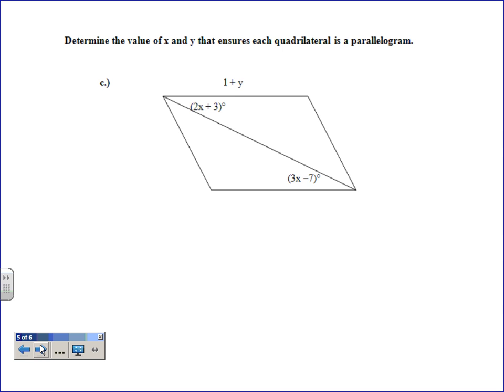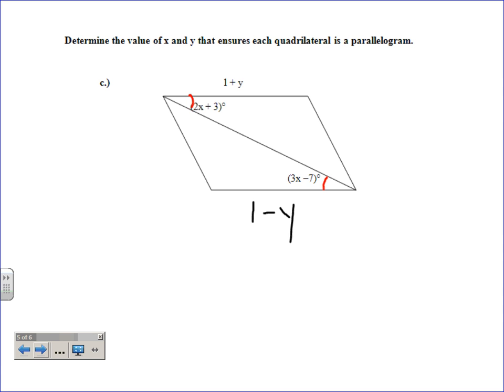I believe you have one more thing than I do, correct? 1 minus y? How are we going to go about this one? And which one is it actually working with? Well, obviously we're going to try and do what with the angles? Make them congruent. Why? Not necessarily. If I make these angles congruent, that doesn't say that it's a parallelogram. That says that those angles are congruent. They are alternate interior angles.